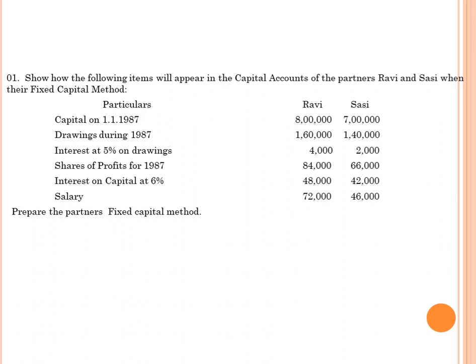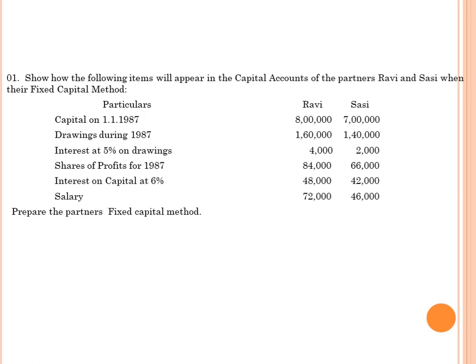Interest at 5% on drawings, 4,000, 2,000. Share of profits for 1987, 84,000, 66,000. Interest on capital at 6%, 48,000, 42,000. Salary 72,000 and 46,000.